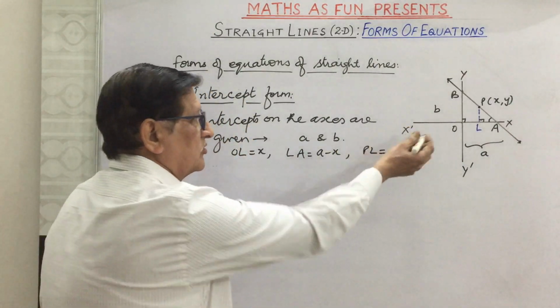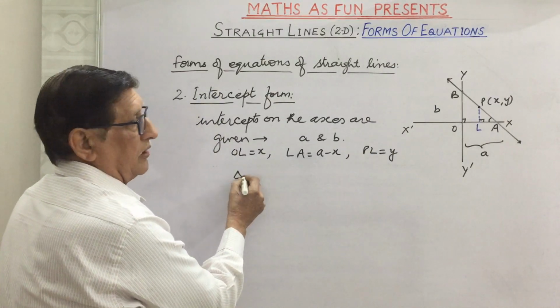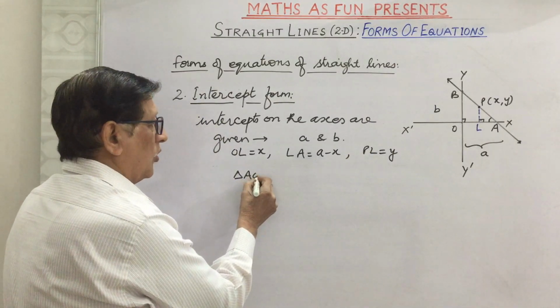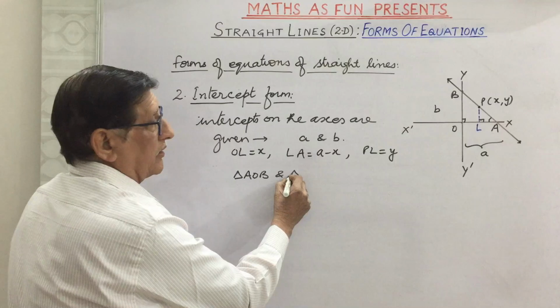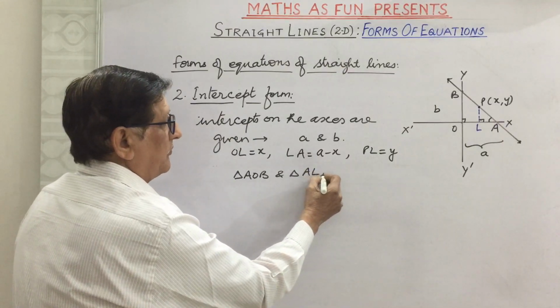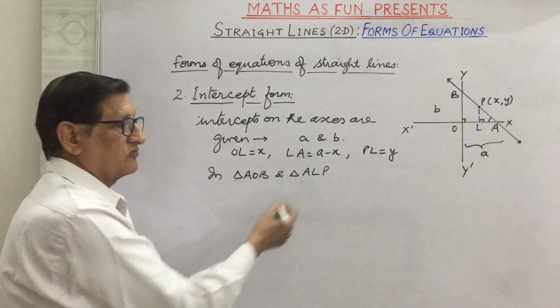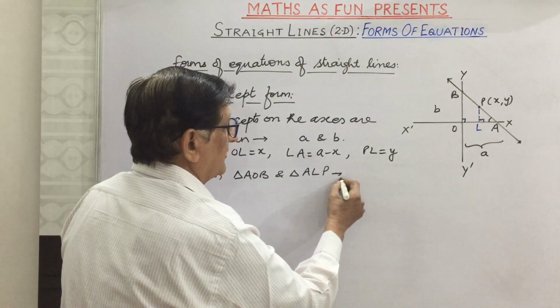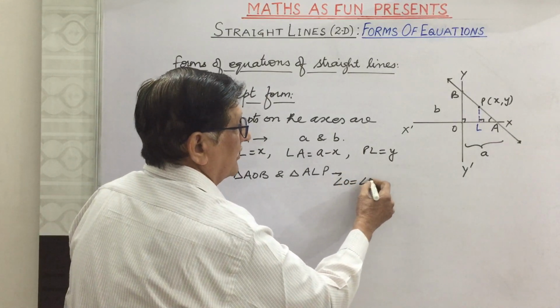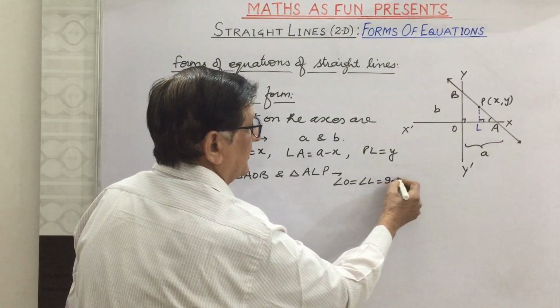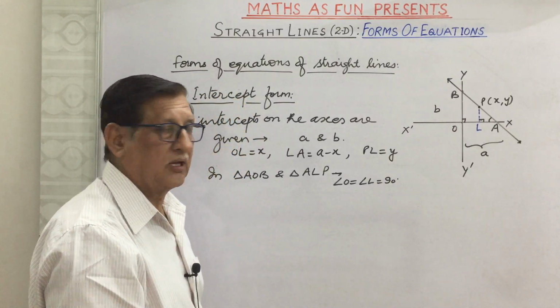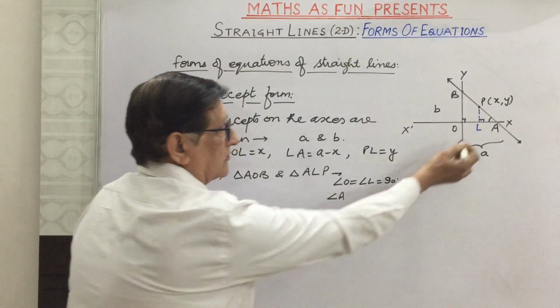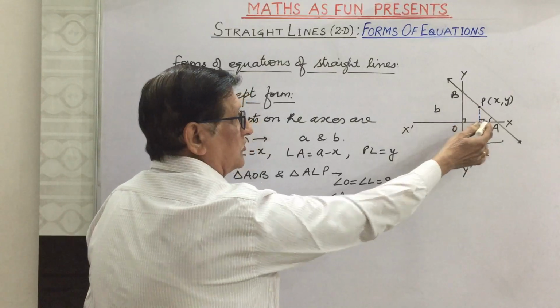Now if we see these two triangles, triangle AOB and triangle ALP, in these two triangles we find that angle O is equal to angle L, that is 90 degree each. Angle A, this angle is common to both.